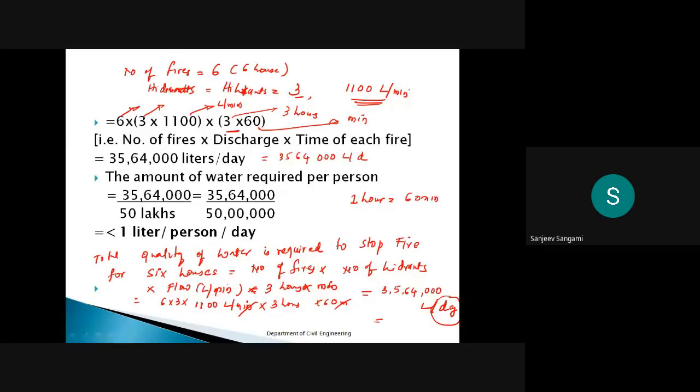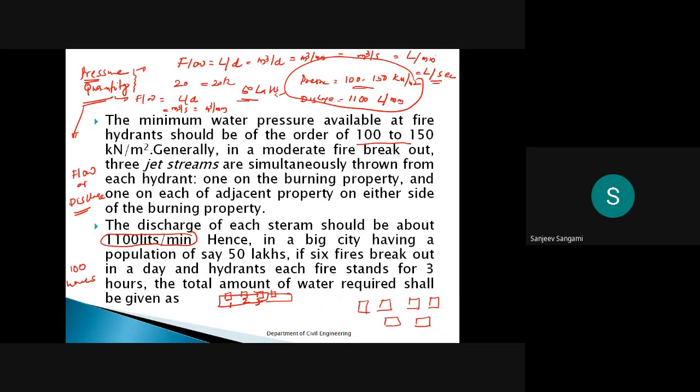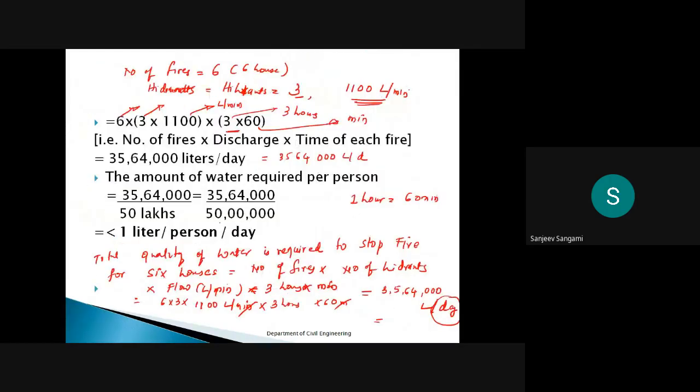Then if you want to calculate how much per person, whatever the total liters per day is, divide it by 50 lakhs. Why am I dividing it by 50 lakhs here? Very important: in this problem, it is said that the city has a population of 50 lakhs.